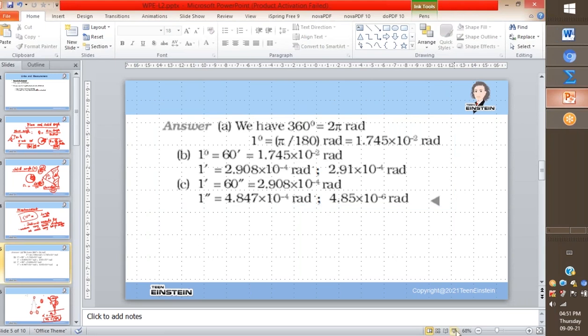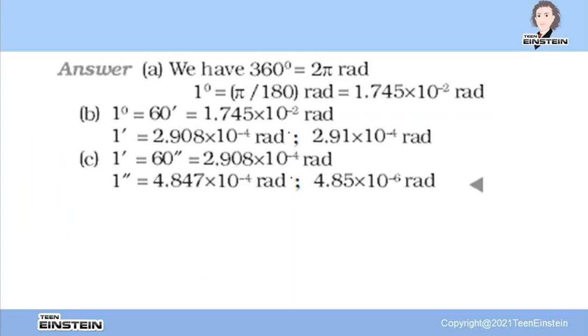Then 1 degree means 60 minutes. Minute is denoted by a single prime. So 1 minute will be actually 1.745 into 10 to the power minus 2 divided by 60. So you'll get the value for 1 minute.